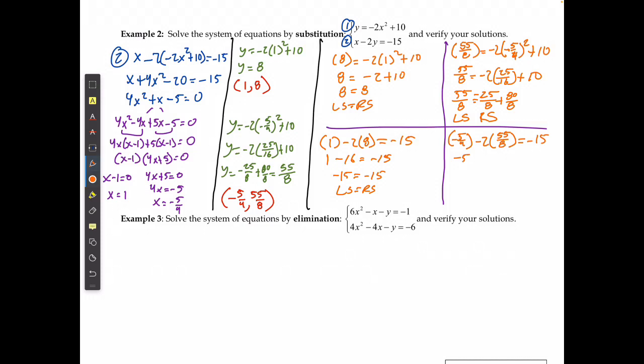Negative 5 over 4 and negative 2 times 55 over 8 is going to give me negative 55 over 4 is equal to negative 15. Negative 60 over 4 is equal to negative 15. And negative 15 is equal to negative 15. My left side does in fact equal my right side, and both solutions work.